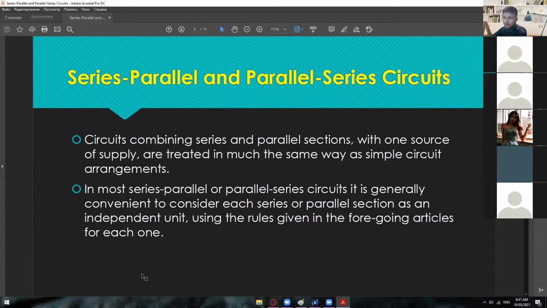Okay, so in here, of course, circuits combining series and parallel sections with one source of supply are treated in much the same way as simple circuit arrangements, like, again, series parallel or parallel series circuits. Then again, to make it simple, tatawagin na lang natin siyang parallel circuit, kahit ano pa man yung ibang connection na meron siya.